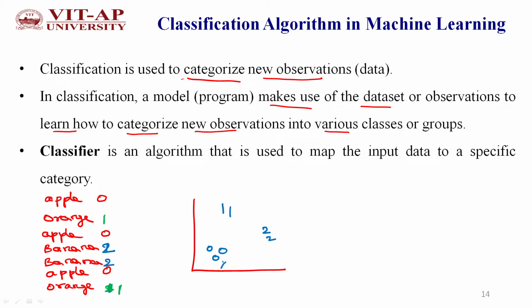Class apple, class orange, class banana. Here we can differentiate these by using different decision boundaries. The decision boundaries will be drawn like this.